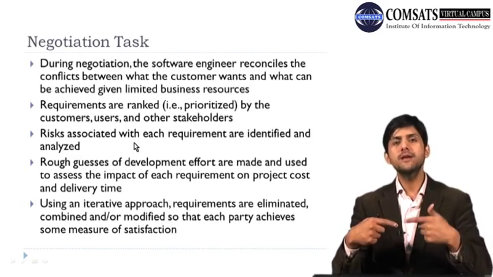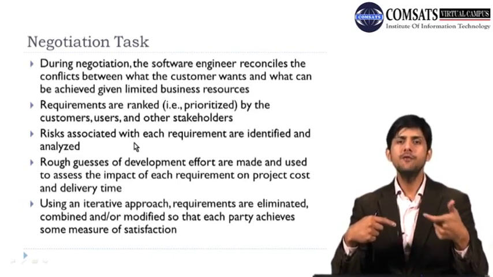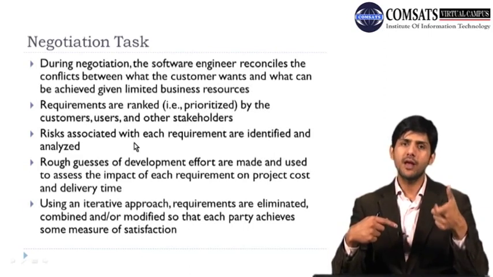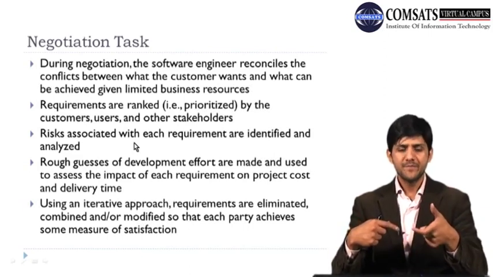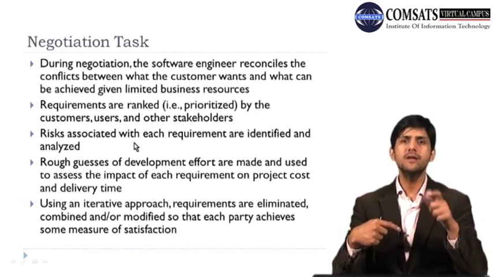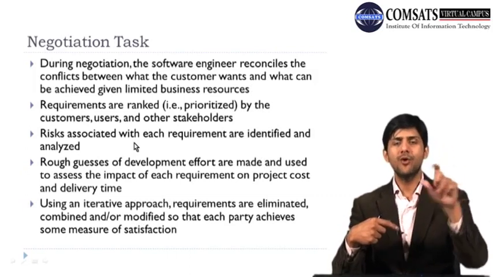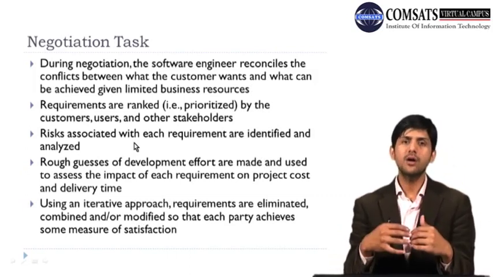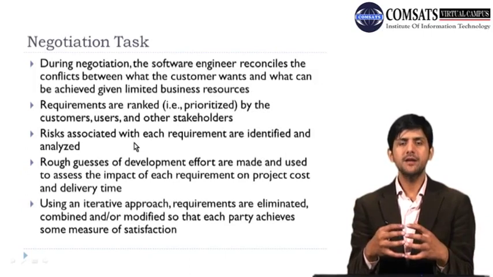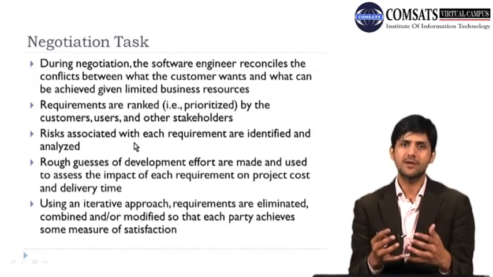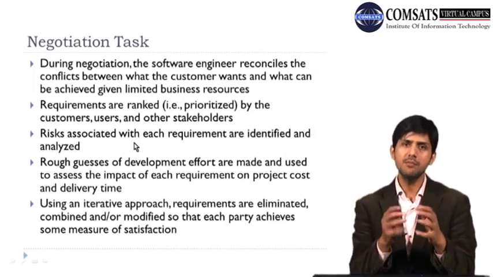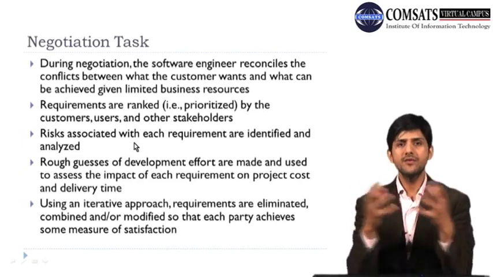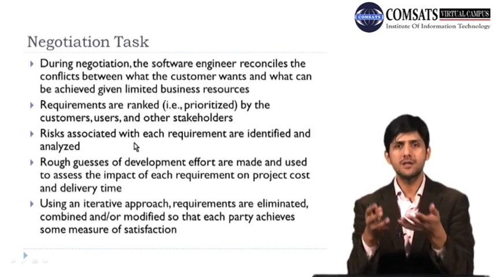So requirement prioritization is key, because you really want to know what things your client wants at the beginning. Prioritization should not only take into account what the client wants, it should also take into account the other stakeholders. And it should also take into account your opinion as well, because there would be some system requirements on which the core of the system would be built, on which the architecture is based.